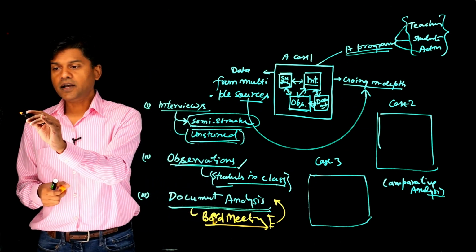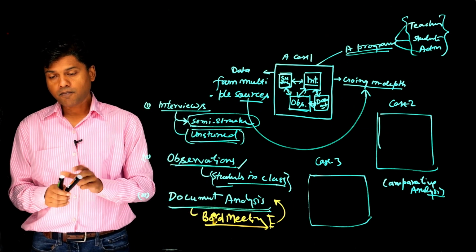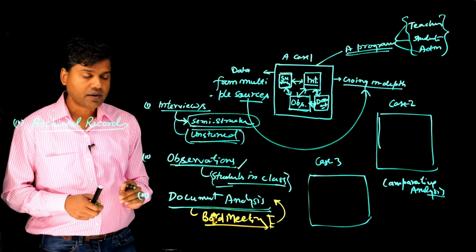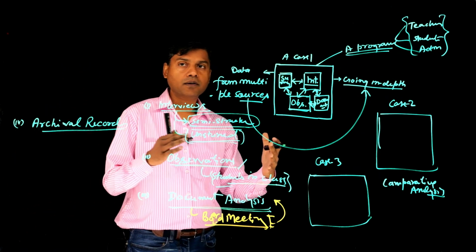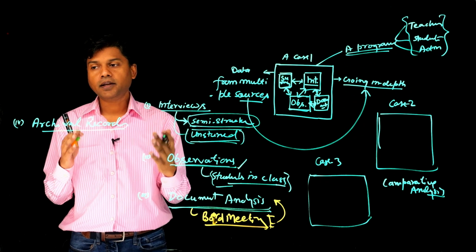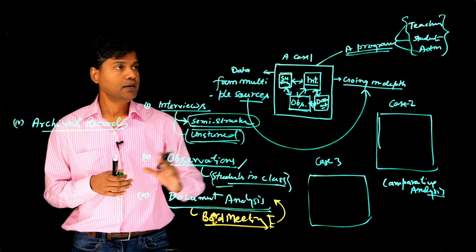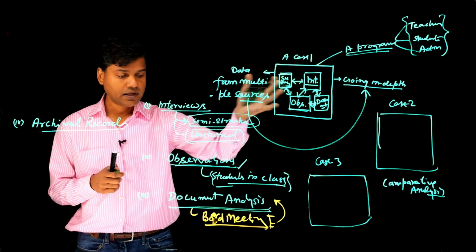You can also try archival records. Again, a kind of document. Archival records are records like historical records or any kind of past record that you want to access to understand the unit of analysis, the case you are exploring.